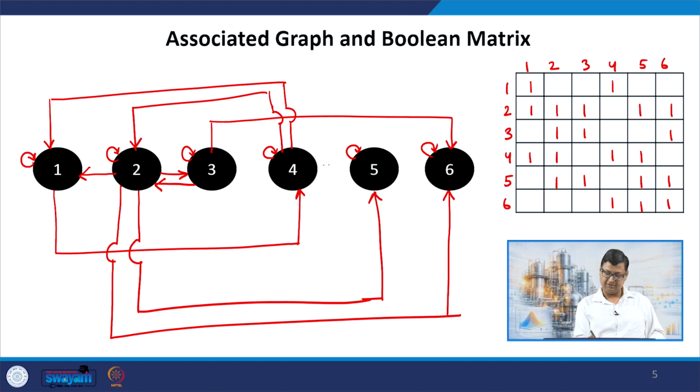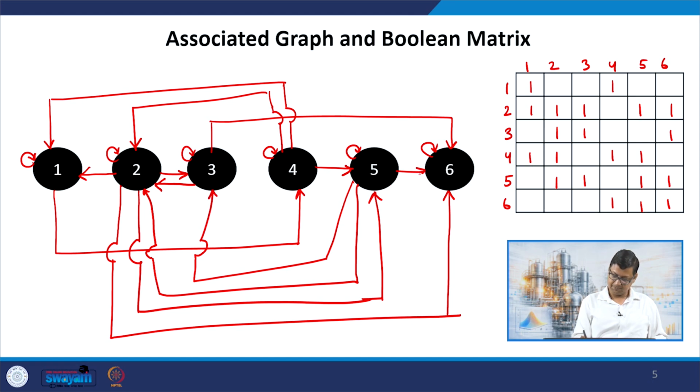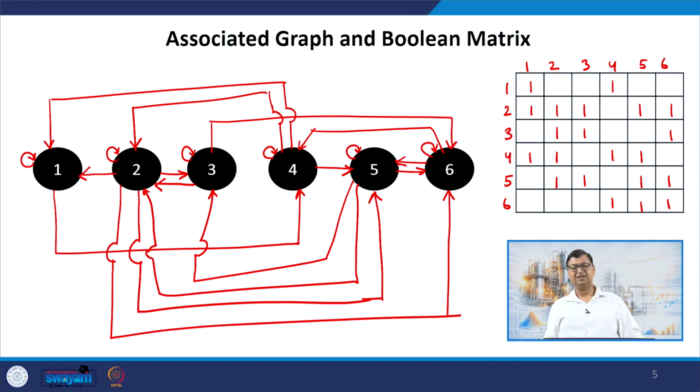4 to 4 is a self loop. And from 5, we can go to 2, 3, 5, 6. And from 6, we can go to 4, 5, 6, and 6 to 6 is a self loop.